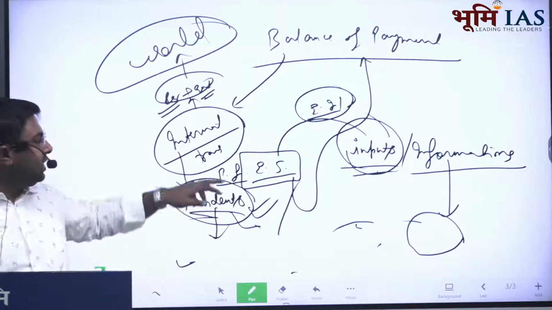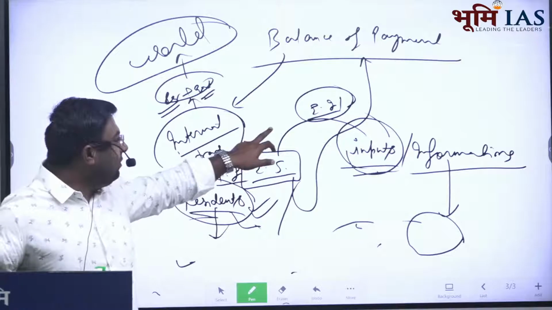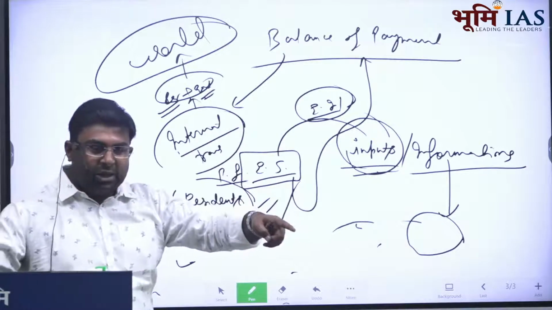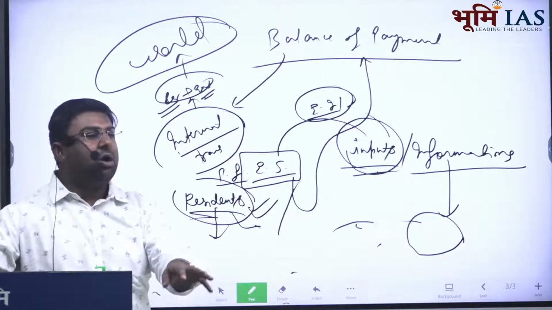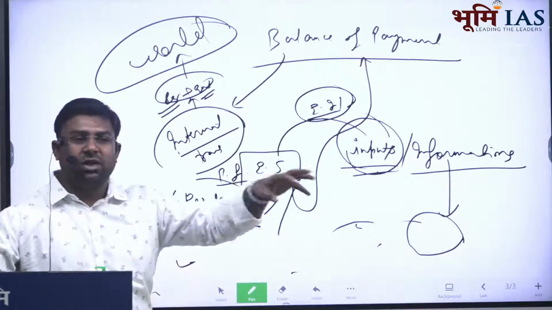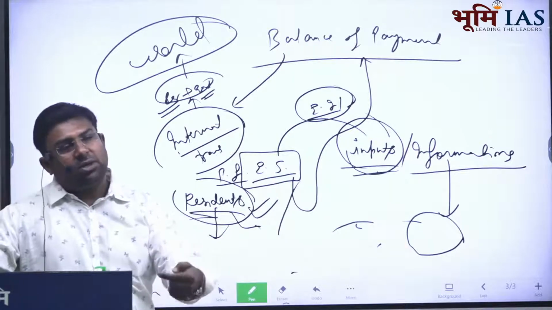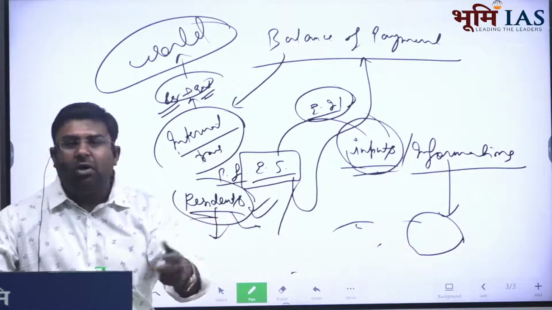Again, you need to evaluate the two criteria we mentioned about resident: whether that institution has been operating in India for the last 1 year or not, and second, whether the economic interest of that institution lies in India or not.